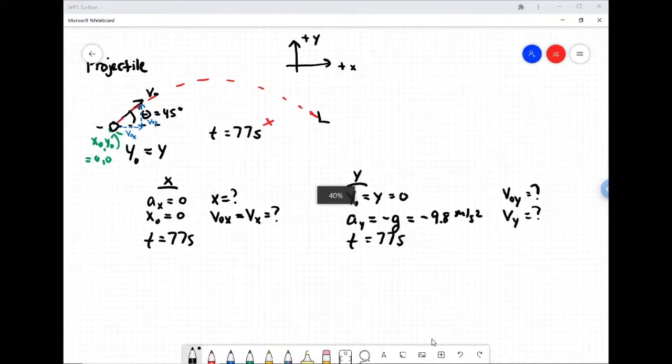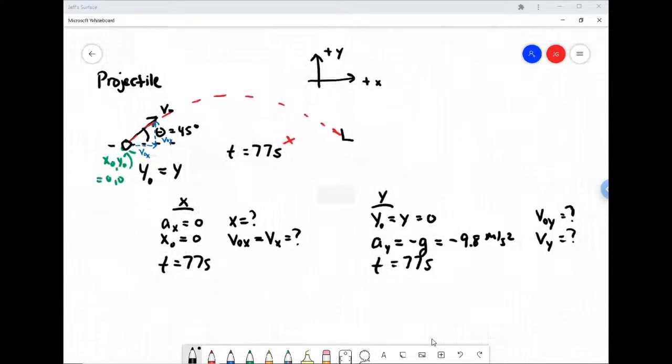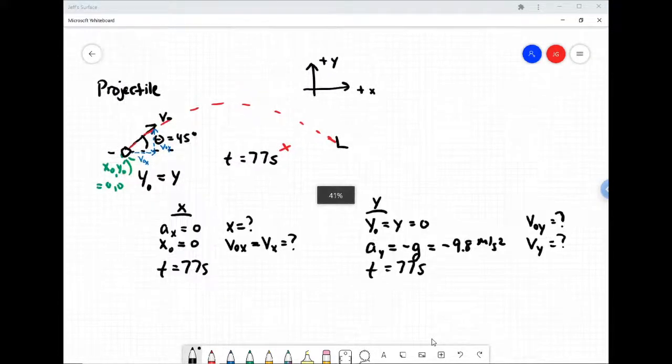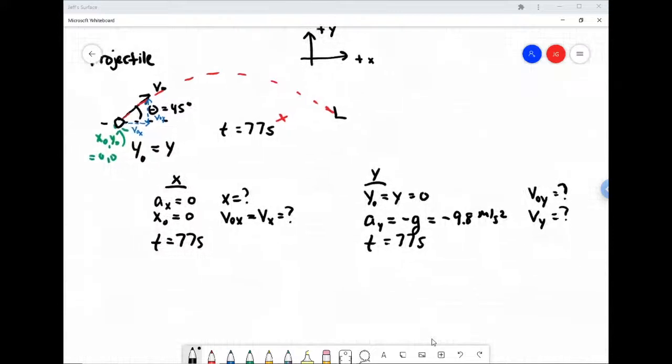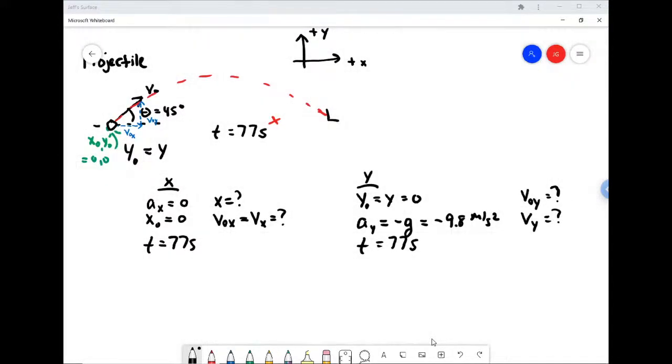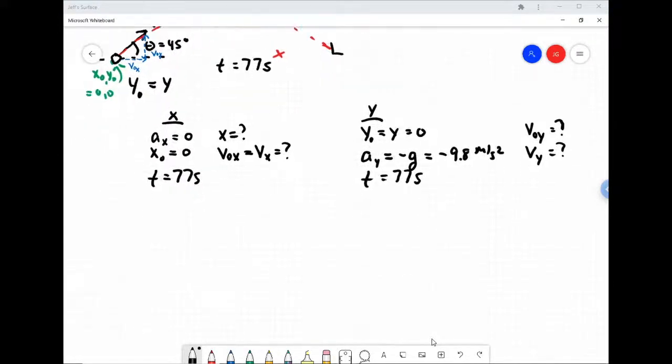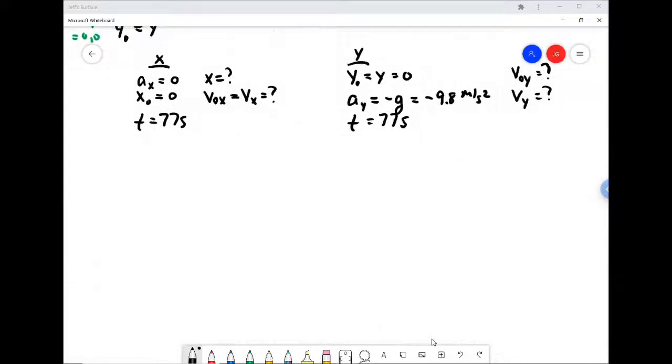So let's try that. So over here, I'm trying to make that a little bigger. I'm going to put that off the top of the page for a second. Okay, so in the x area, let me draw a little dashed line to separate the page.